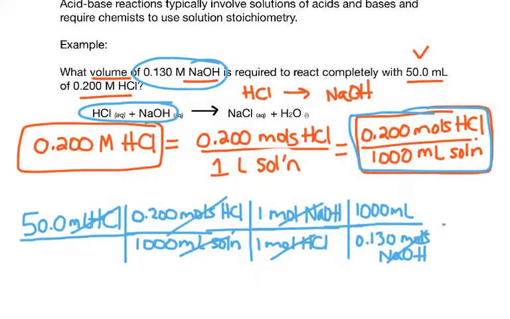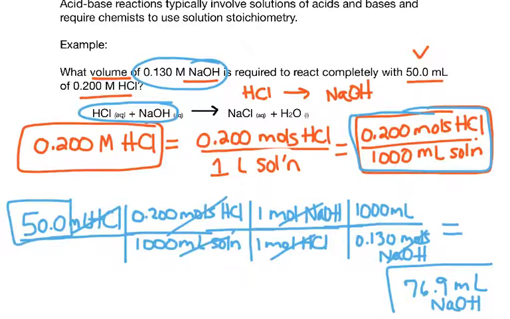If you plug that into your calculator, you should get around 76.9 milliliters of NaOH. And you want to have 3 sig digs in your answer because the number you started with, 50.0, had 3 sig digs. So that would be how you would do this type of problem.